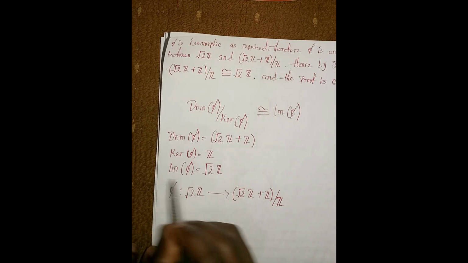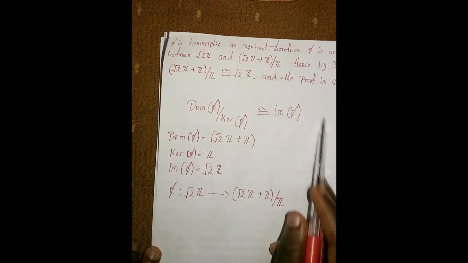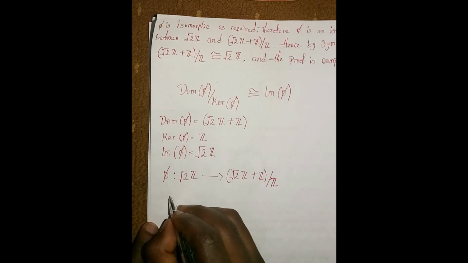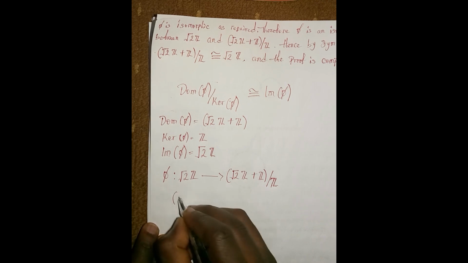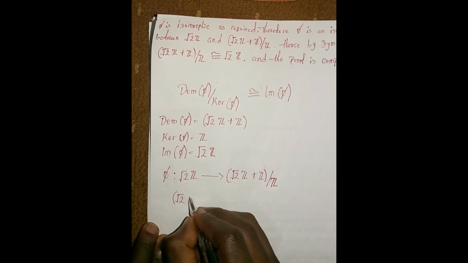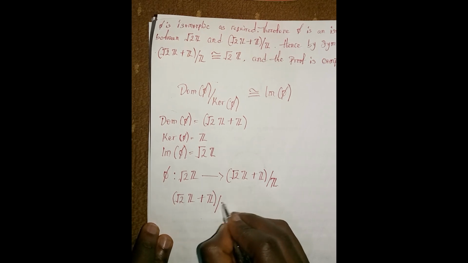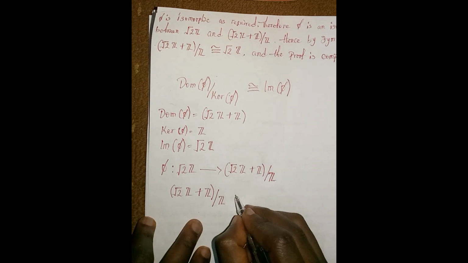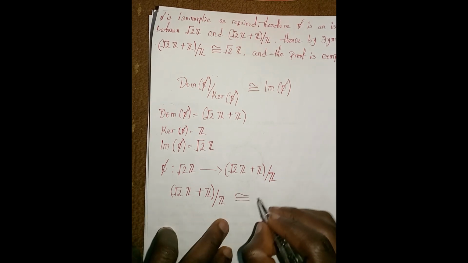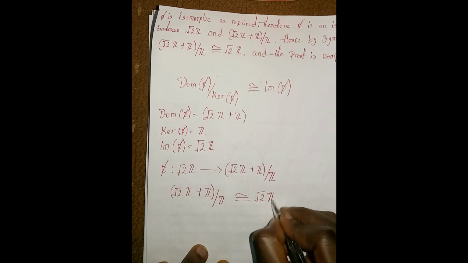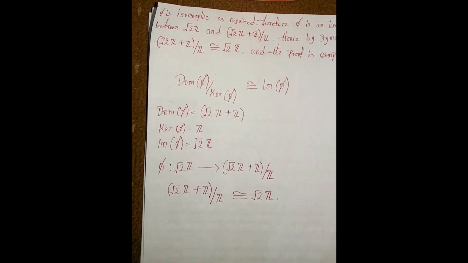Now, using this expression from the first isomorphism theorem, we can also see that the root of 2 script z plus script z by script z is isomorphic to the image of phi, which is the root of 2 script z. And there we have it. We've been able to show that the left hand side is isomorphic to the right hand side.